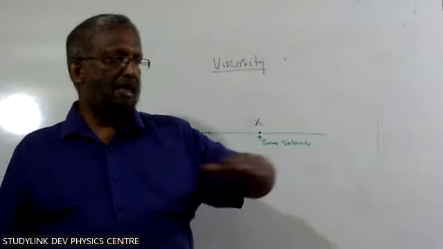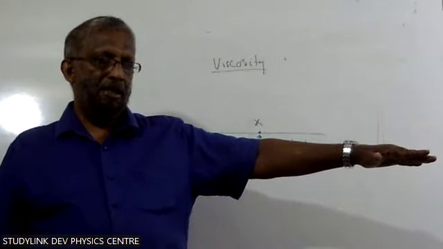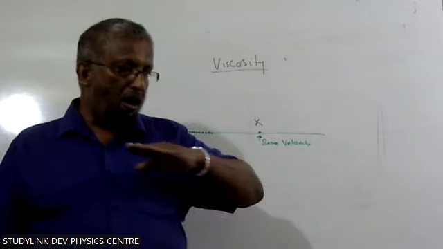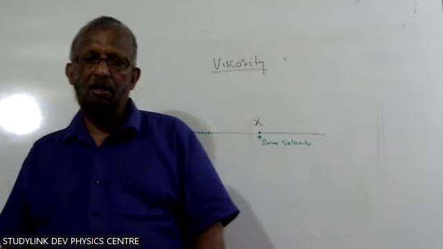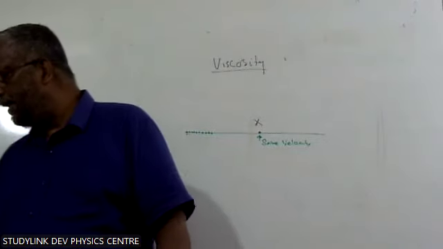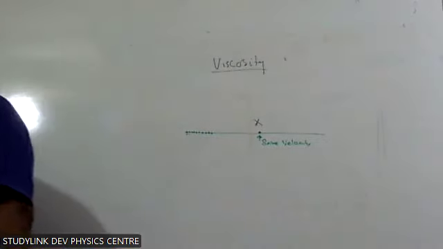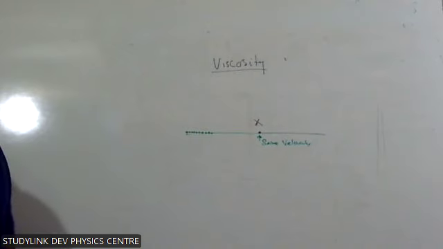That means the direction cannot change, and the magnitude of the velocity cannot change. Both remain the same. Right. Now we'll come to the next one. Laminar flow.